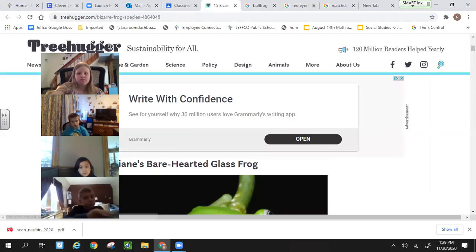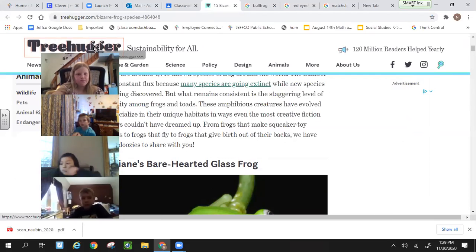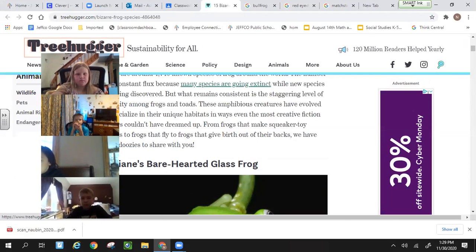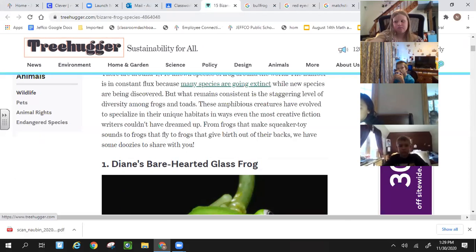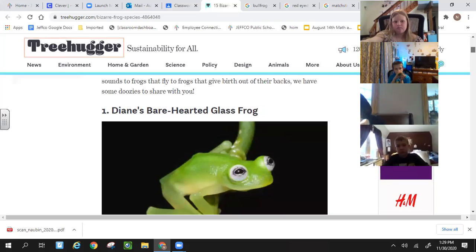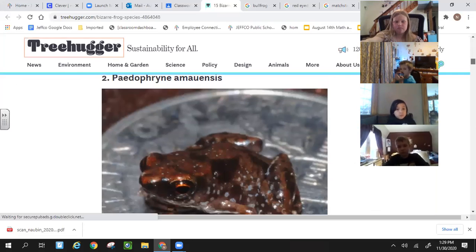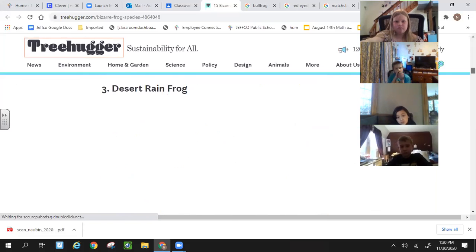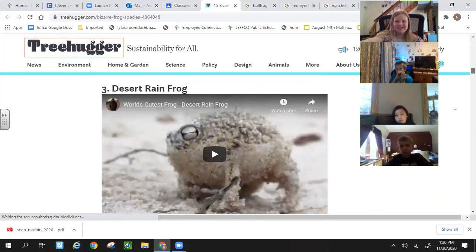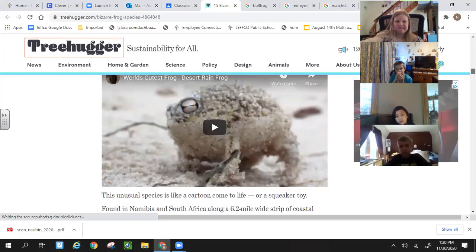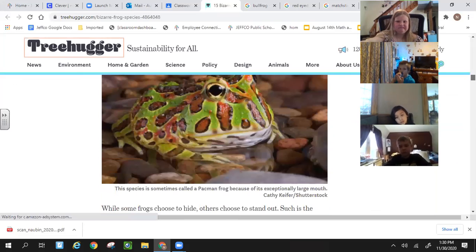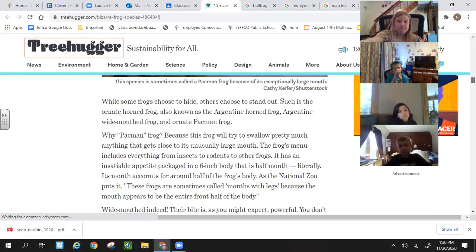It doesn't have a lot of reading to go with it, so it should be okay for you to be able to view. You've got the bare-hearted glass frog. You have, I don't even know how to pronounce that one. Maybe don't do that one. The desert rain frog, very cool, has a video. The ornate horned frog, he's very cool.